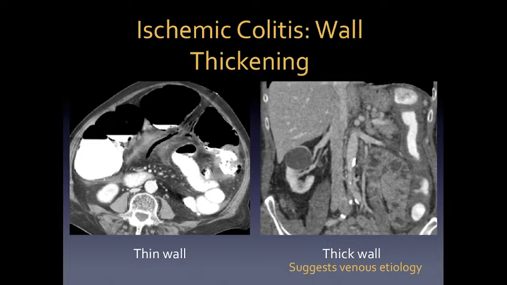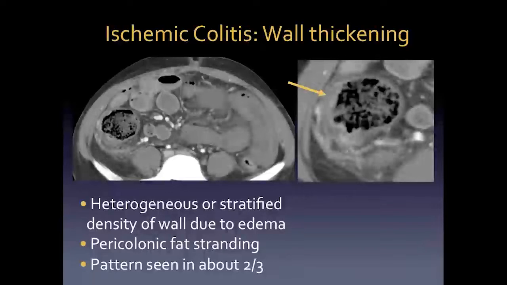Now, when you are looking at a thick-walled colon in ischemic colitis, usually that's going to indicate a venous etiology of the ischemia as opposed to arterial in the thin-walled cases. So here, an example of ischemic colitis with wall thickening that would be pretty hard to differentiate between a case of colon infection and colon ischemia.